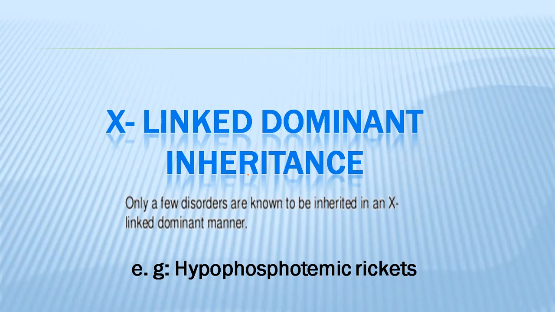Now you'll see X-linked dominant inheritance. In that, only a few disorders are known to be inherited in an X-linked dominant manner. One of them is called hypophosphatemic rickets.